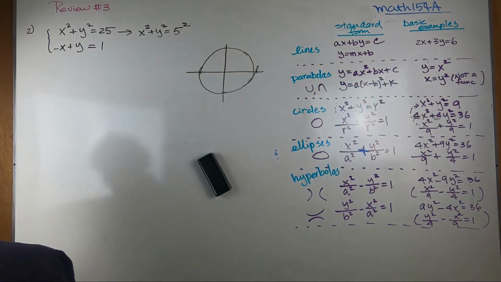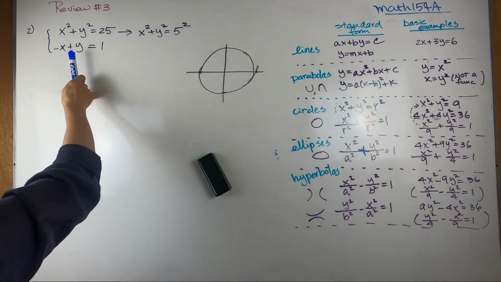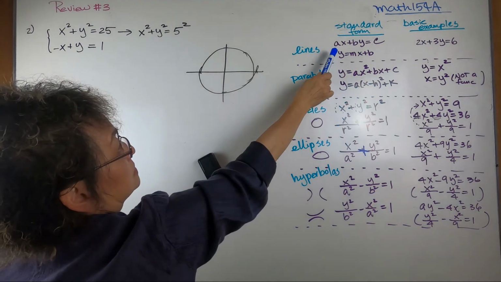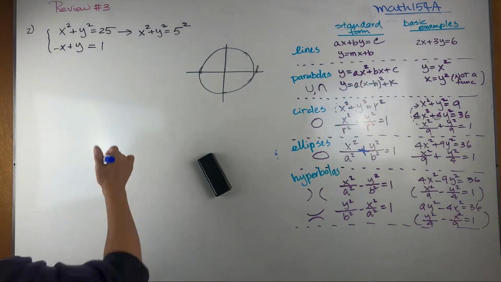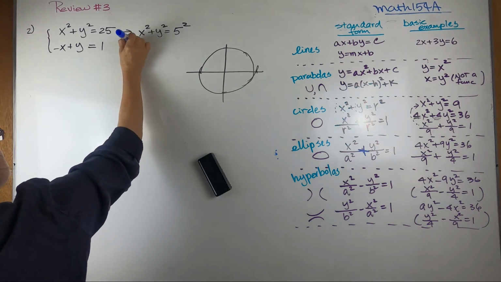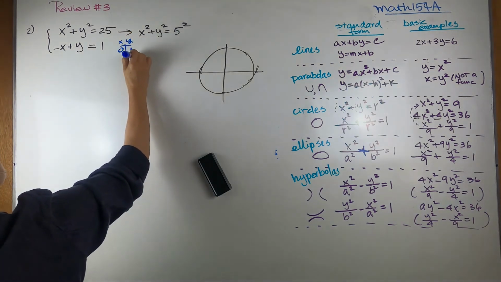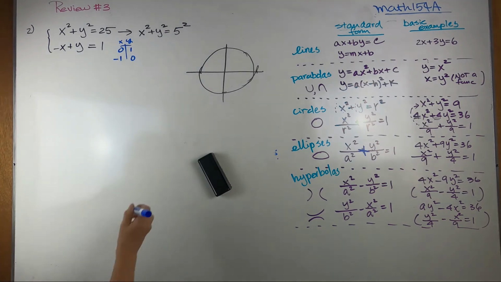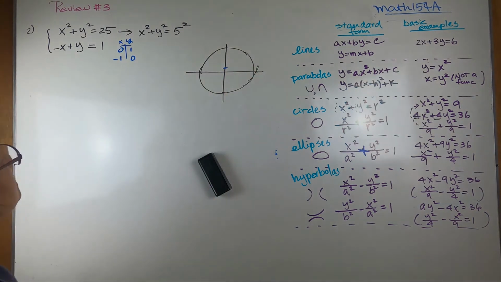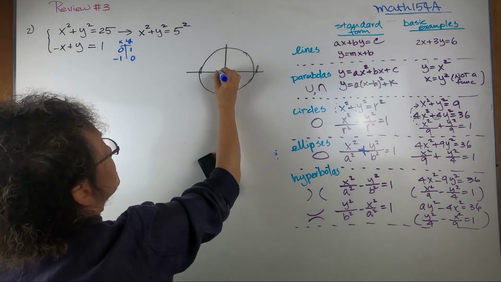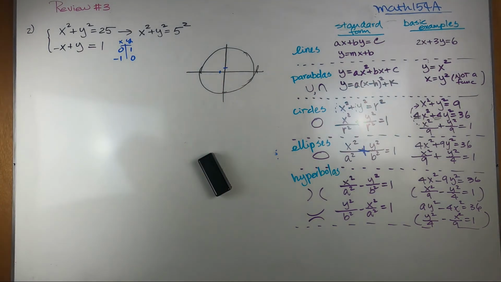And for the next one, what do you think it is? X and Y, no square, no square, a line. So you use your t-table. X, y. X is 0, y is 1; y is 0, x is -1, right? So that will be (0, 1) and (-1, 0), right?